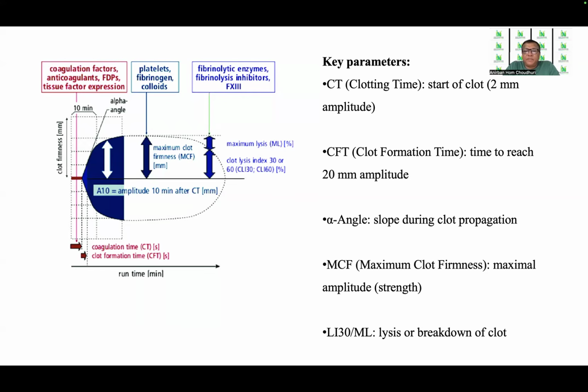The MCF, or the maximum clot firmness, which is the maximal amplitude, corresponds to the strength of the clot, and then there is the lysis, or the breakdown of the clot, as measured by the lysis index at 30 minutes or at the maximum lysis, which can be expressed as a percentage.